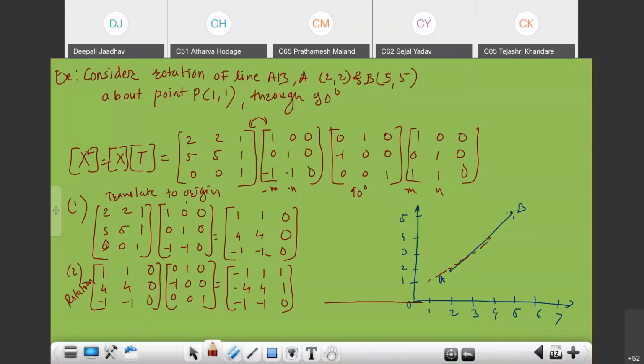Where is minus 1 1? I write here minus 1, minus 2, minus 3, minus 4, minus 5. So minus 1 1 is somewhere here, and minus 4 4. So this line is rotated 90 degrees.